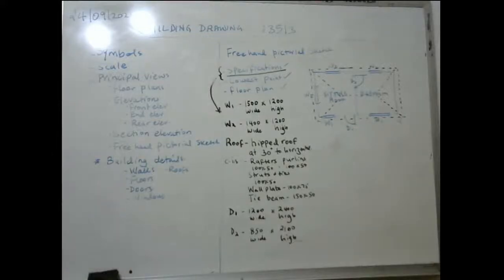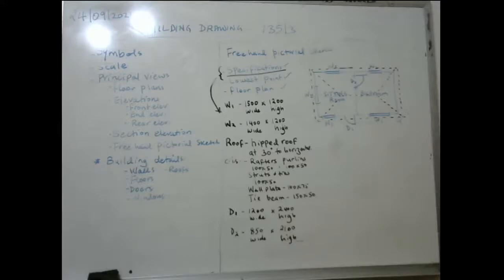So we're basically looking at a situation where, if we are to make a good freehand pictorial, then we need to have the specifications, we need to know the lowest points, and we need to know the floor plan.